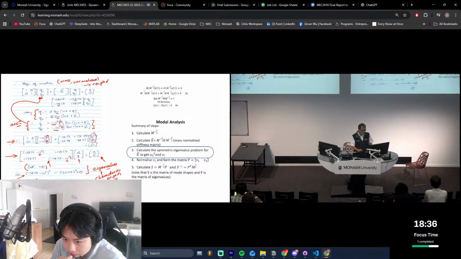And because omega is related to the motion that we've assumed, when we find the values of omega such that this equation of motion will be satisfied, those omegas will be our natural frequency.